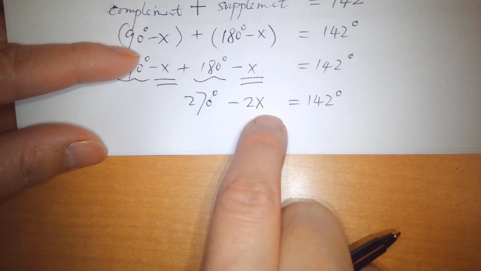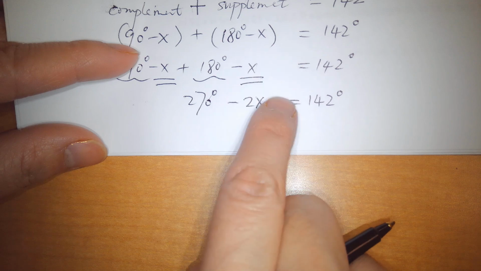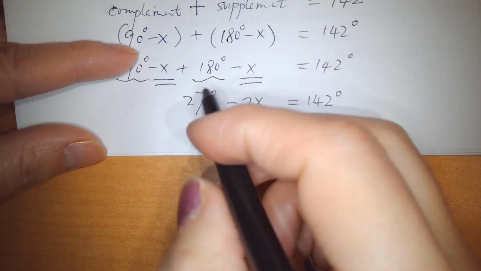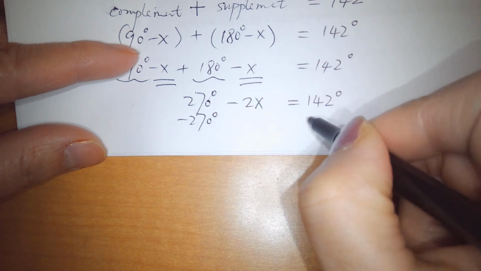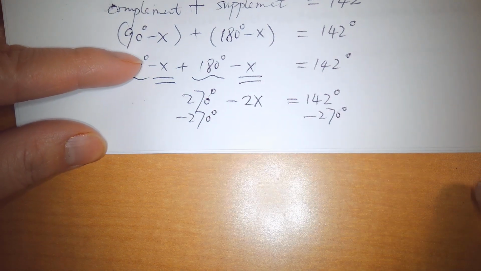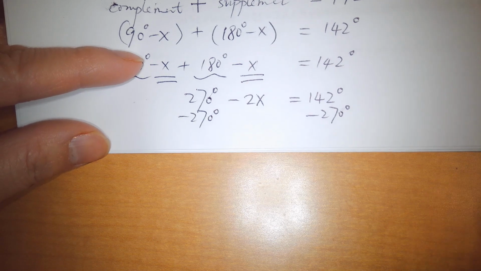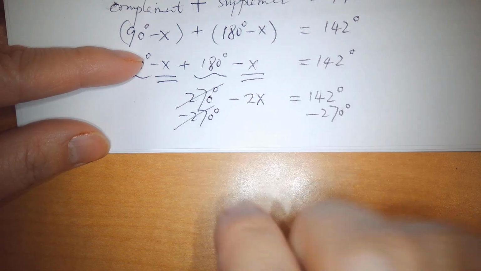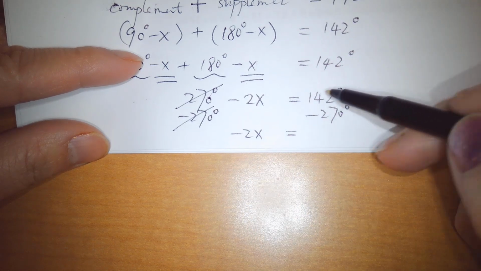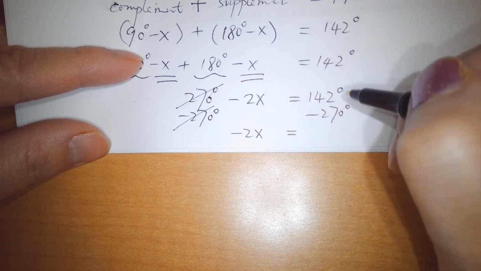So this term, we want to leave it on this side, okay? But we don't want this 270 to stay with x, right? So what do we do? Subtract 270. So we'll have negative 2x. On the right side, what is 142 minus 270?